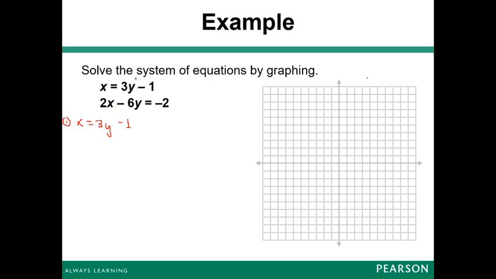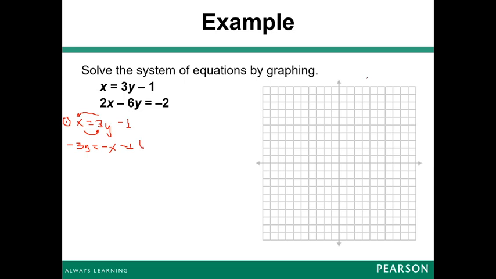We're going to graph this equation. We have x equal 3y minus 1. I'm going to put everything in y terms, so I'm going to move this 3y to this position in negative form and the x to the right position in negative form. So we have minus 3y equal minus x minus 1.